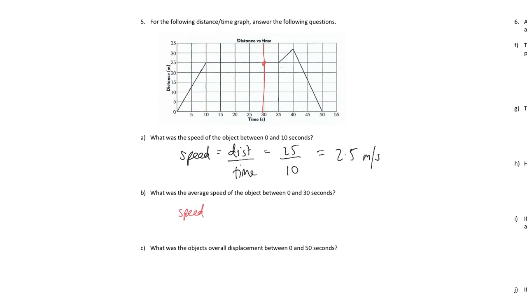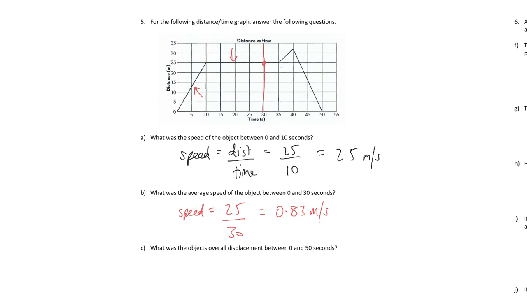So 25 divided by 30 is 0.83 meters per second. And so it's taking an average of the time that it stayed still, which is this point here, and the time that it was moving. So that's the average speed of the object between 0 and 30.